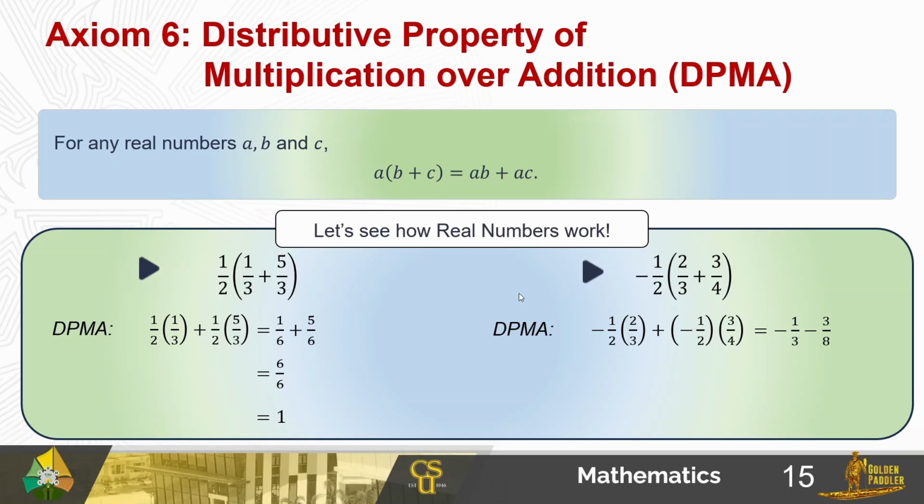The LCD is 24. 24 divided by 3, the answer is 8. 8 times a negative 1, so we get a negative 8. 24 divided by 8 is 3 times a negative 3, so we get a negative 9. So it means for the numerator, we have negative 8 minus 9, and that is negative 17/24. So we have discussed the field properties of real numbers.